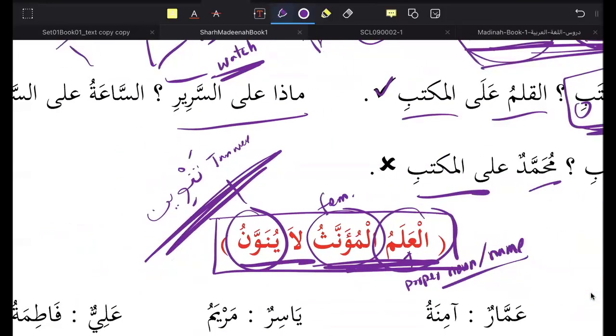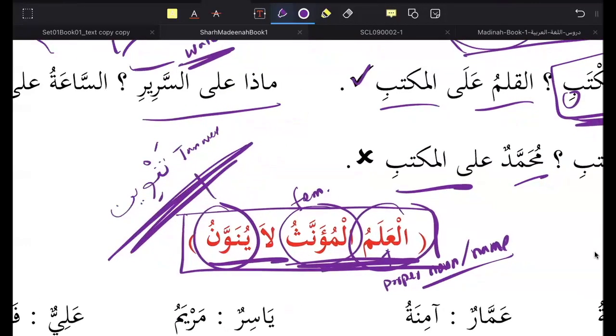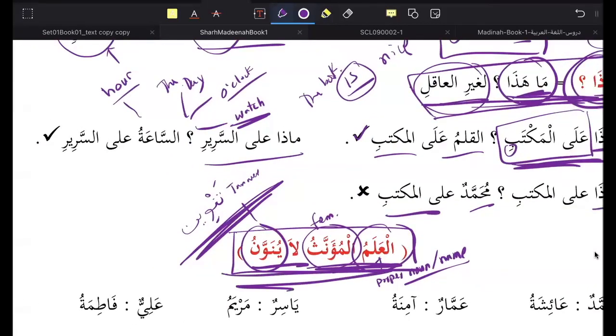Why? We will learn that in much more detail as we go along. As far as I know, the last chapter of book 1 is completely dedicated to this topic, and as someone pointed out, it's called Mamnu' min as-sarf. It has another name, which is Ghair Munsarif. So this is the topic we will learn later, but for now, that's all you have to know.